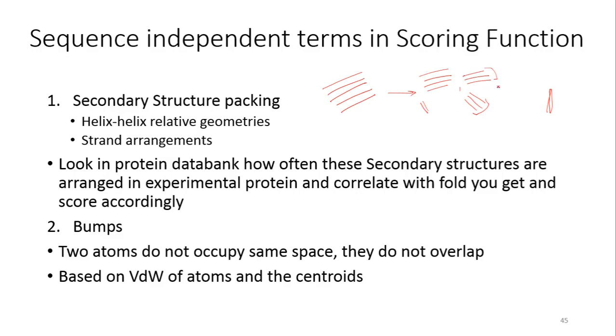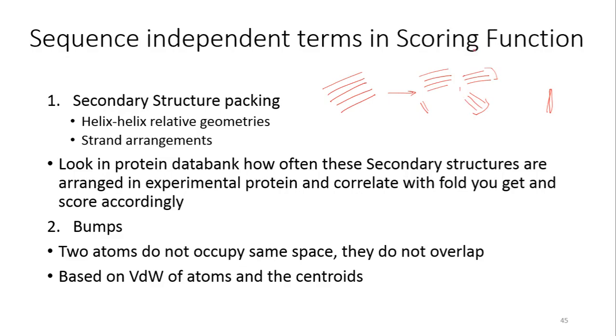So all you need to do is to correlate these secondary structure packing elements, like helix relative geometries and strand rearrangement, in order to score your fold, whatever you have created, as a good fold or as a bad fold.